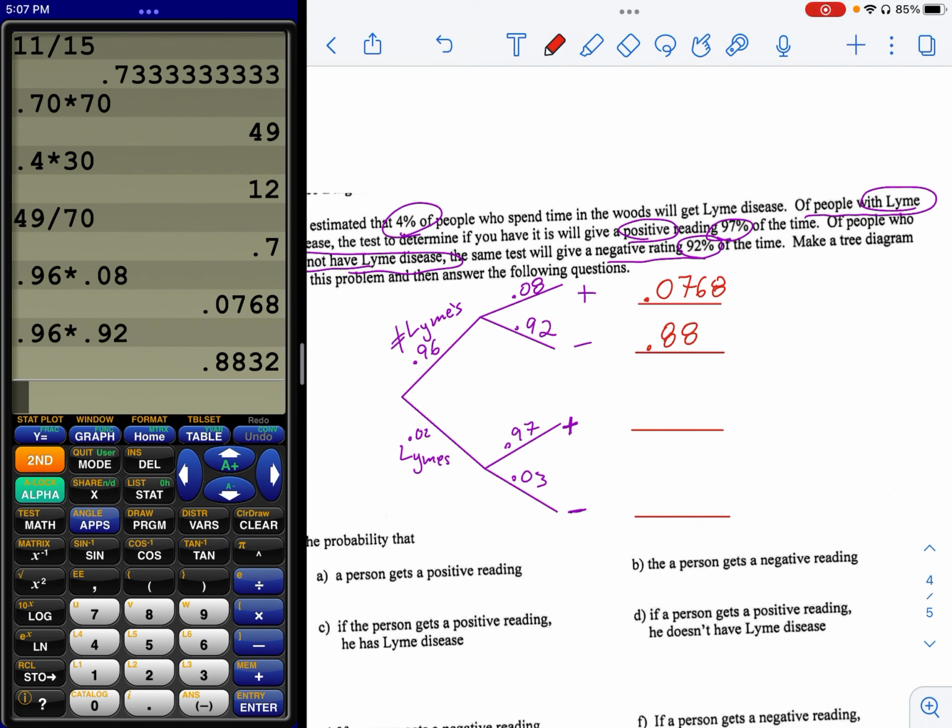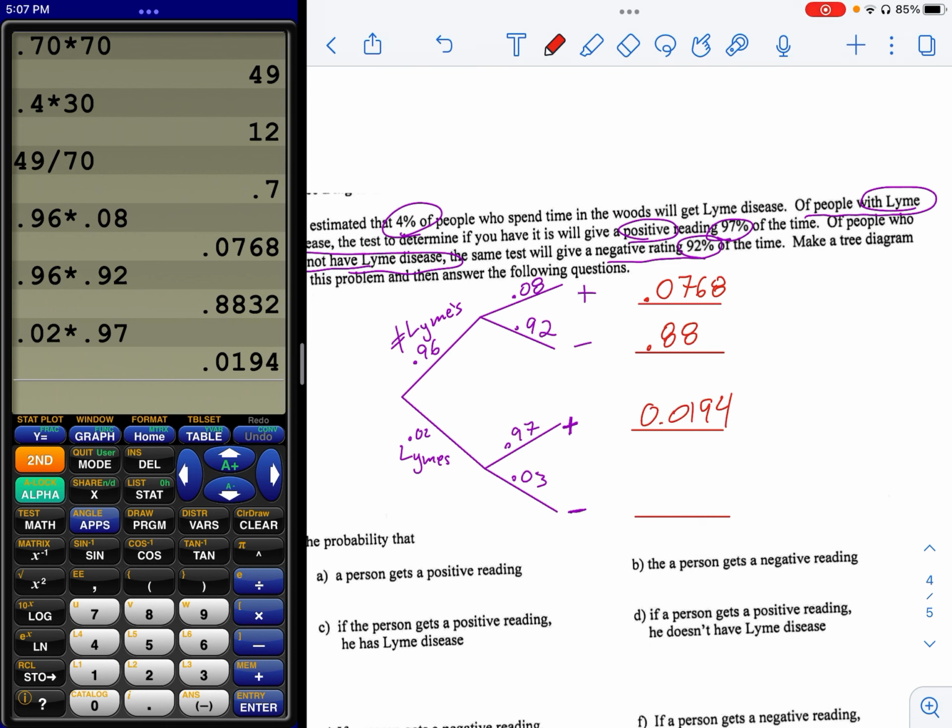Oh, let's leave it at 88. 0.04 times 0.97 is 0.0194. I don't know why I did more decimals there, but not there. There we go. And 0.04 times 0.03. I could have done that in my head. That's 0.0006. Very small.